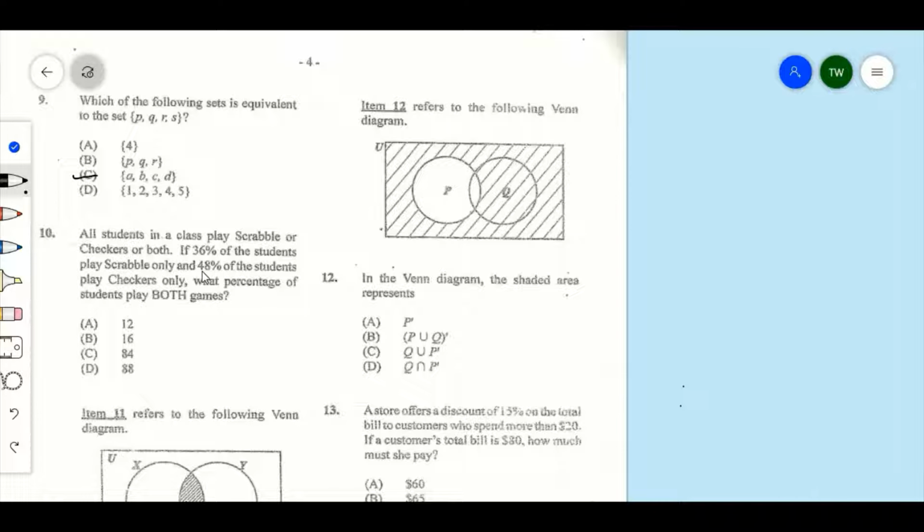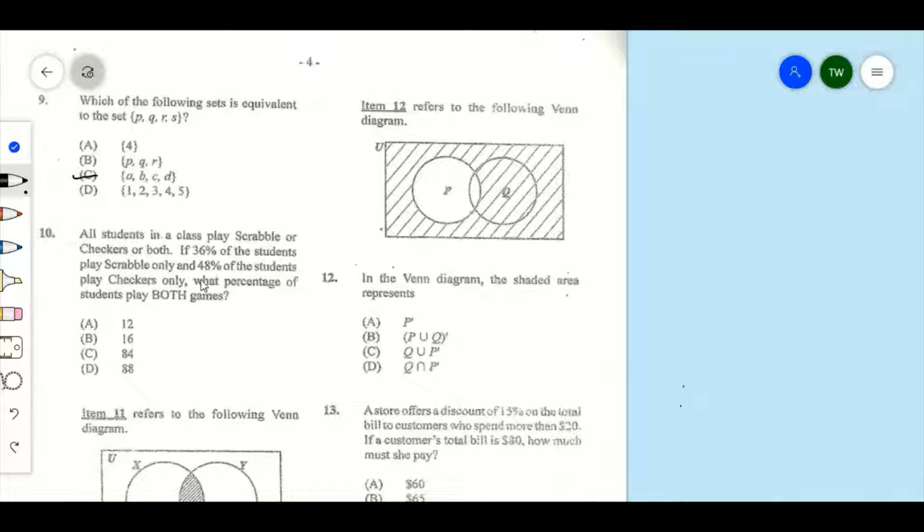Now our answer cannot be a value that is greater than or equal to the sum of 36 plus 48, right? Because the total amount of students in the class would represent 100%, right?